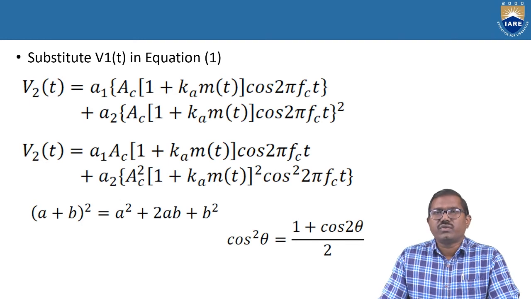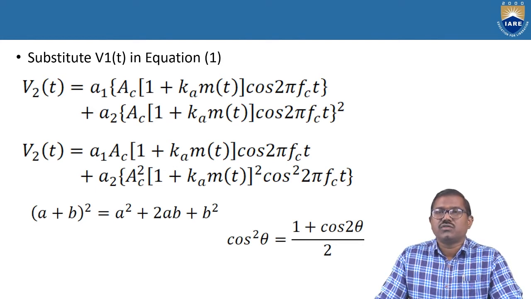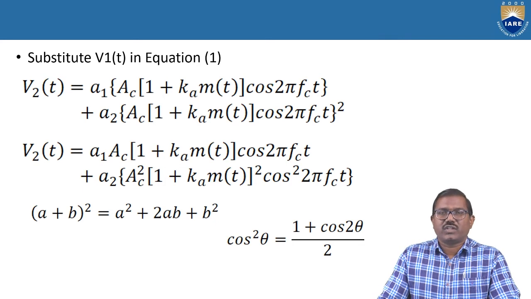The second part of V2 of t is in the form of a plus b whole square, which is equal to a square plus 2ab plus b square. We simplify the output equation by using trigonometric functions and algebraic formulas.